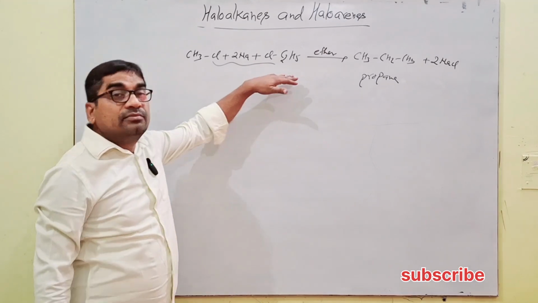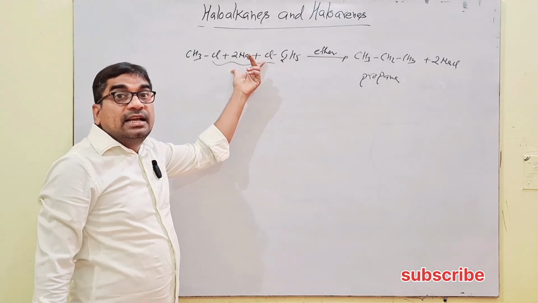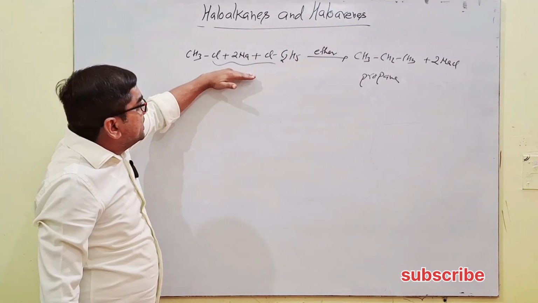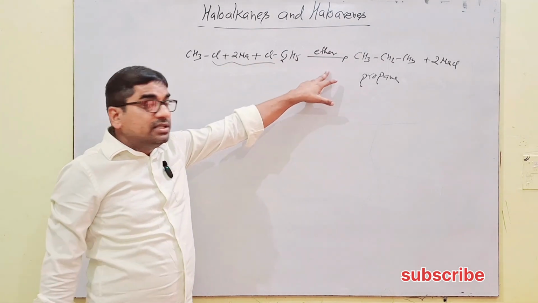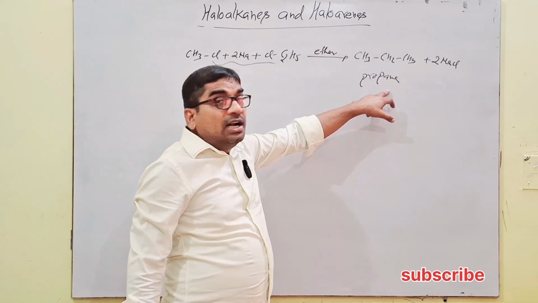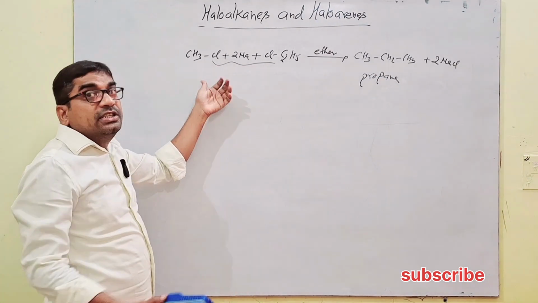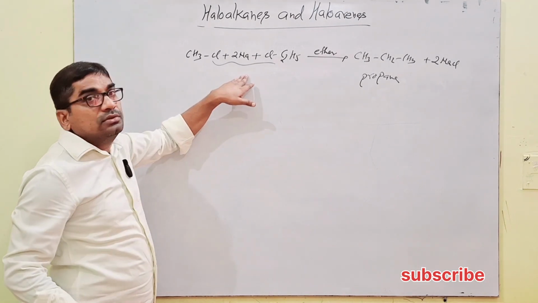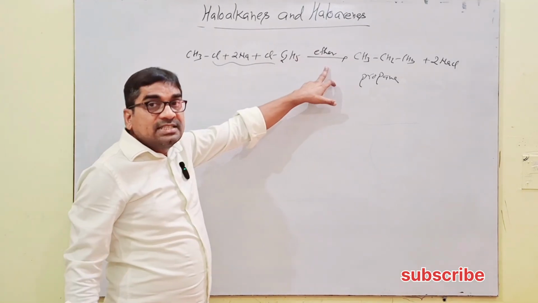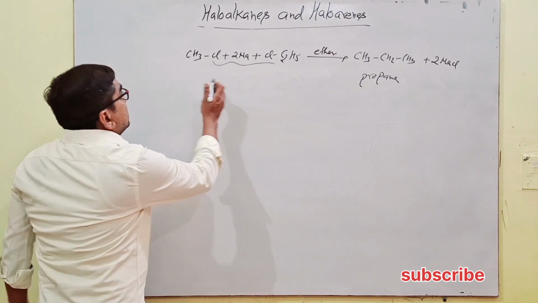I repeat the reaction. When two different alkyl halides react with sodium metal in ether medium, the product formed will not be alone, because the molecules themselves also react with sodium metal in the same medium and give a mixture of alkanes.